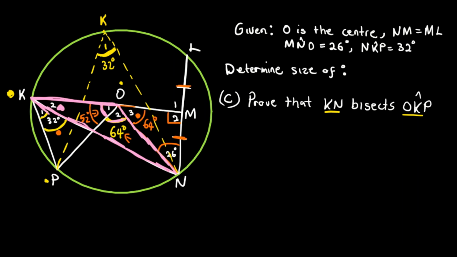If I draw this triangle, it's going to look like this. Just to indicate, this is O1 and this is O2. Here we have 52 degrees, and here we have 64 degrees.